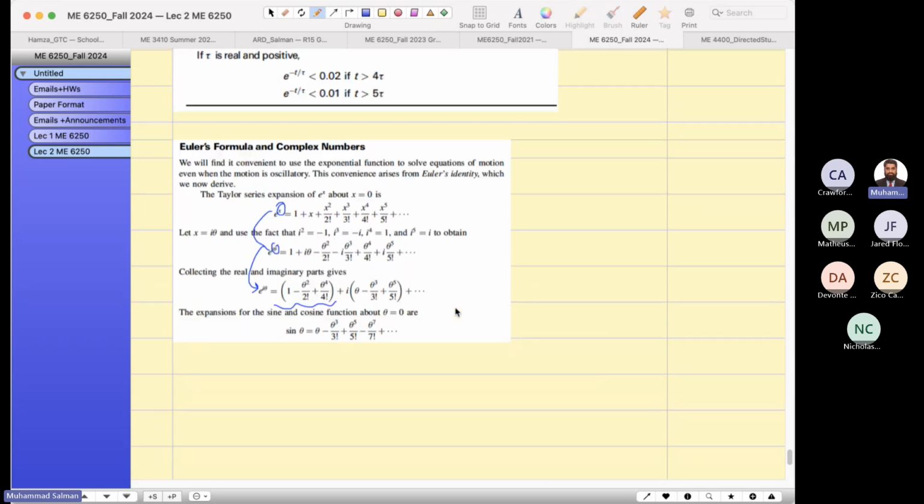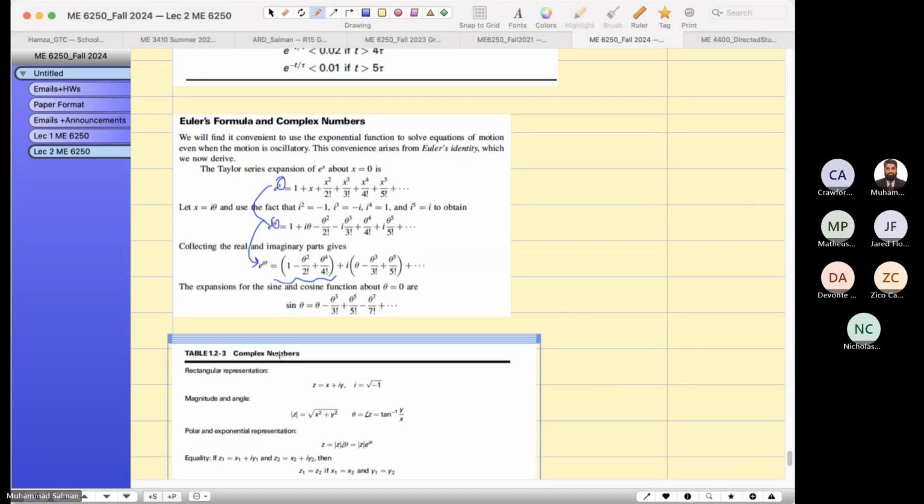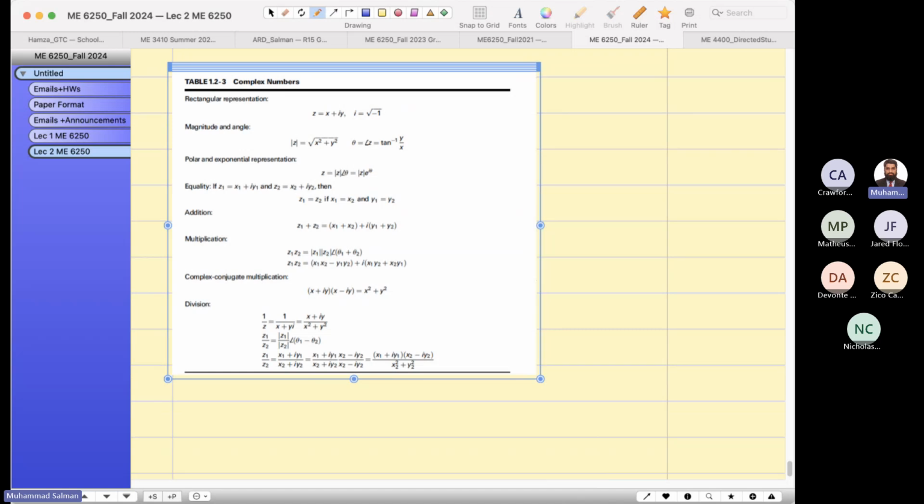That's how I wrote these things. Correct? Table 1.4, the complex algebra, you will read this. I will make a small video for the simple pendulum differential equation of motion.